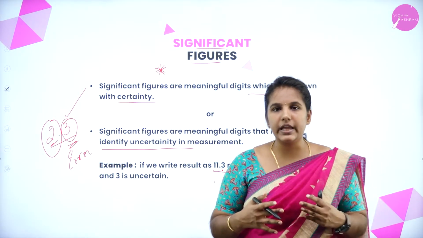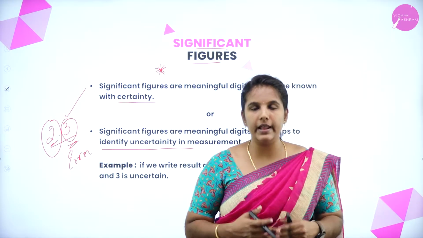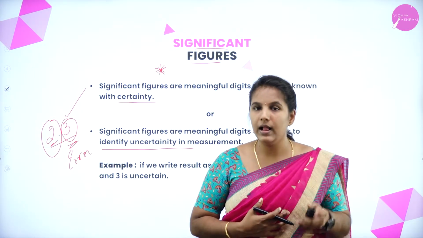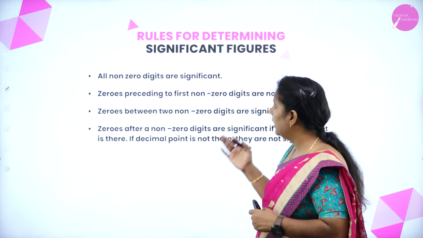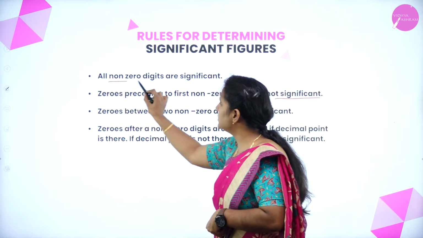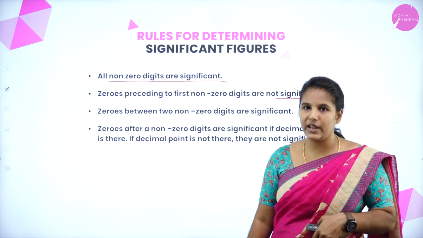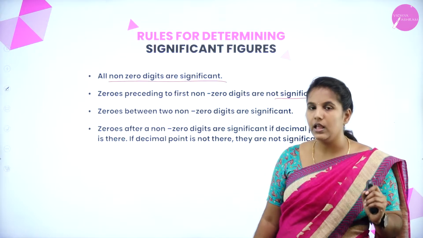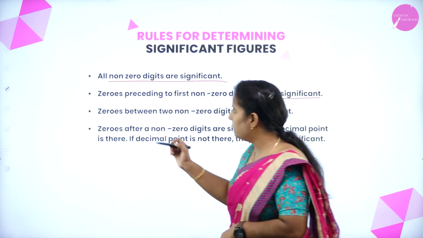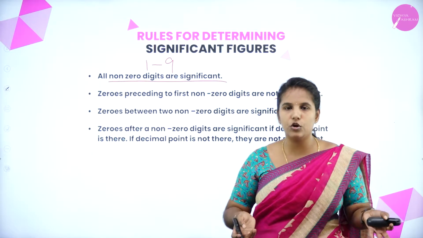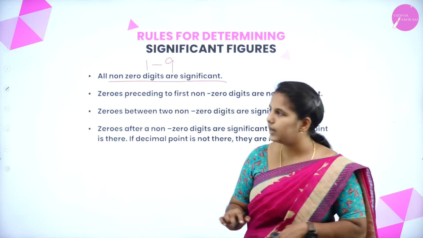Now let's see what rules there are to find out the significant figures in a number. Let's discuss. The first rule says that all non-zero digits are significant. So if you consider the numbers from 1 to 9, if you write any numbers, they are significant.